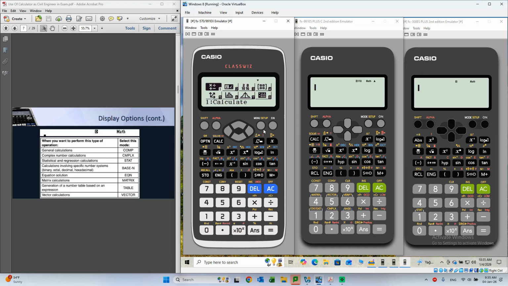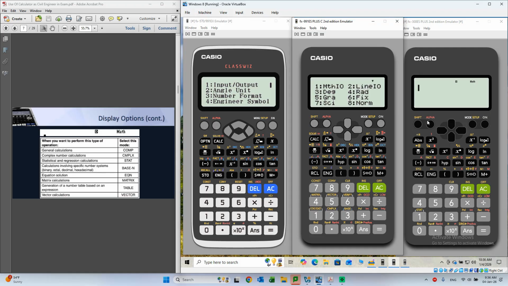If I press the shift here, then the S icon is active on the top, which means that anything yellow is active, because shift stands for S here. So if I press here, setup will be active. Here again, shift and setup. If I look at this, they have different but common things that are available.